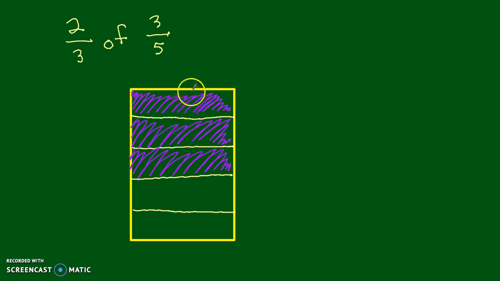Now I have my 3/5 represented, and my next step is to find 2/3 of those 3/5. So again, I'm going to grab a different color here, and now I have to draw my lines vertically, and I'm going to split the whole rectangle into thirds.